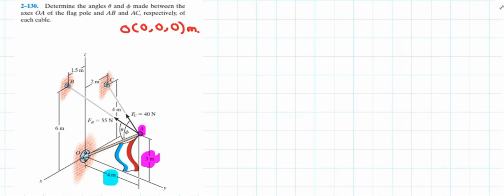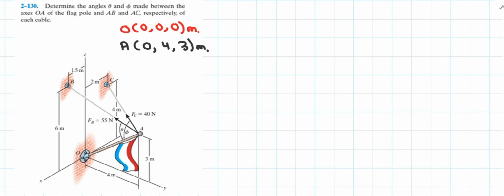And there is no x value in point A because point A doesn't lie out in space. So the location of point A can be written as A (0, positive 4, positive 3) meter. This is the location of point A.